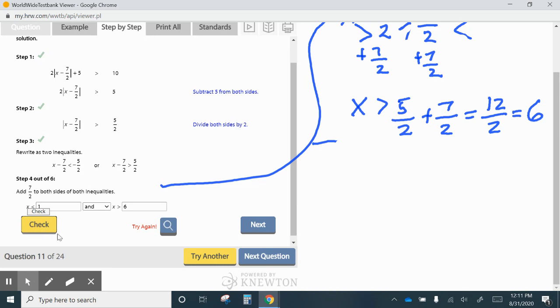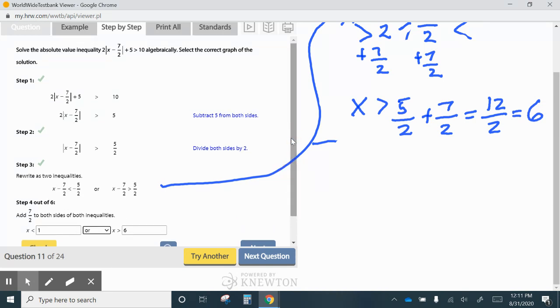Okay, now let's check. Like x is less than 1. Now it's greater than, so it's oh. All right, so here's a mistake that I didn't look at. I need to go back to the original, and the original is greater than, and I know that that's an or statement.